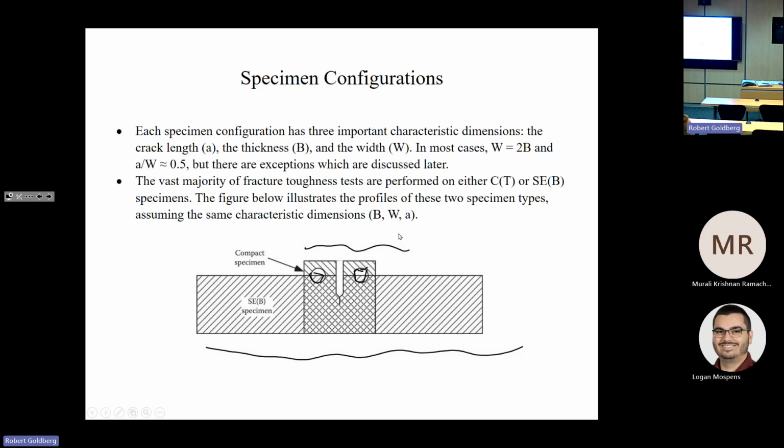This is where the load is applied from, so you need extra material on the other side of the hole. And if you're testing a plate material or forging, the compact tension specimen is more economical. If you're looking at a specimen with a lot of welds, then the single edge bend specimen may be better because less weld metal is consumed in the orientation.